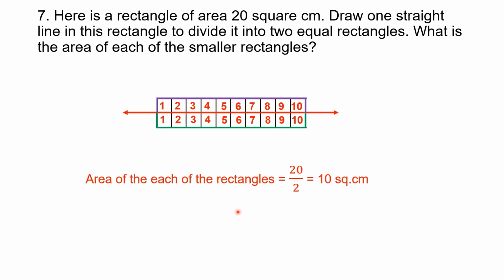The area of each of the rectangles is 20 divided by 2. Here 20 is the area of big rectangle. Since it is divided into two smaller rectangles, we have to divide 20 by 2. 20 divided by 2 is 10 square centimeters. So, area of each of the smaller rectangles is 10 square centimeters.